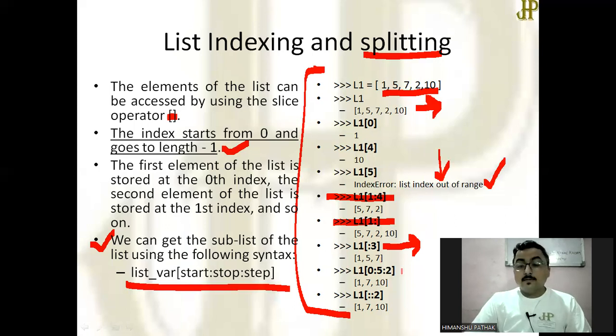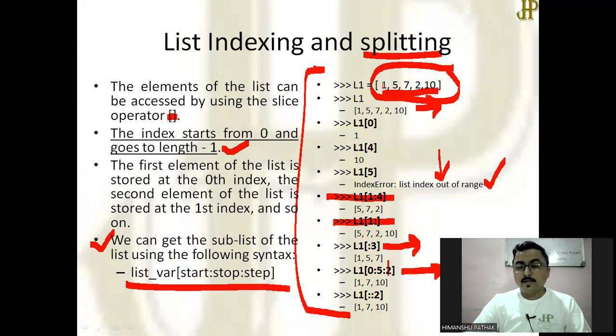And at last, you can give all 3 values, that is the starting value, the stop value, and the increment or step value. Here, you move from the 0th position up to 5 minus 1, that is the 4th position. It means I am going to check all the elements of the list, but the step size is 2.